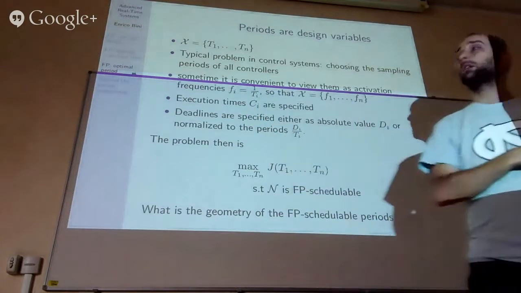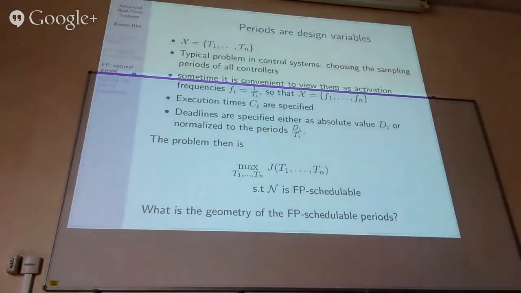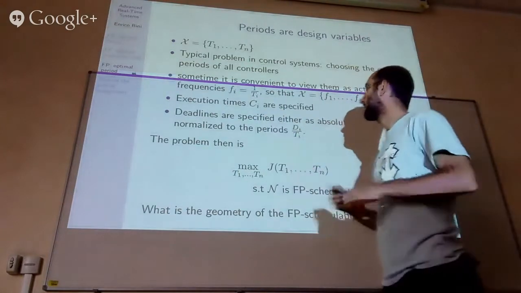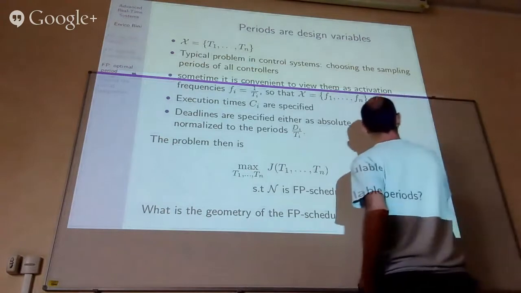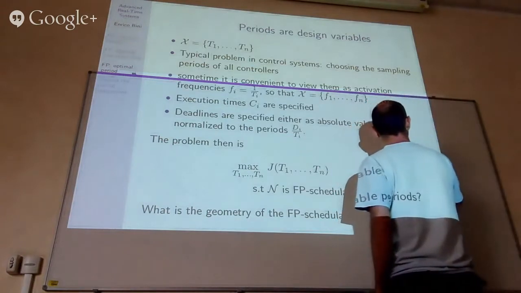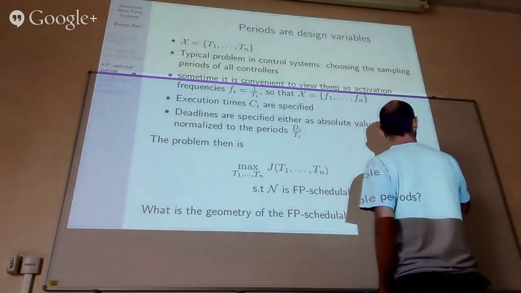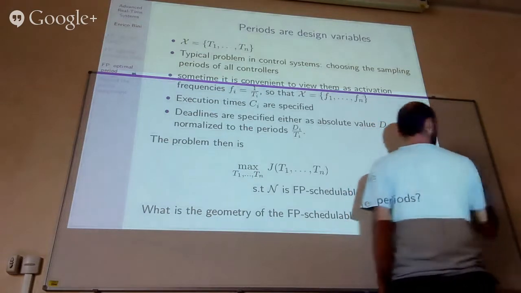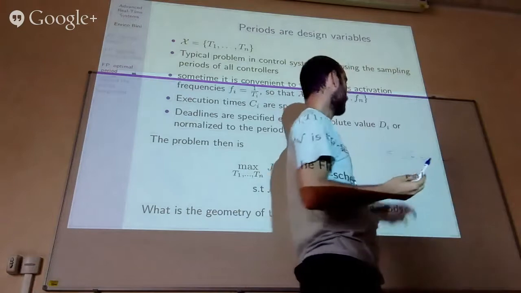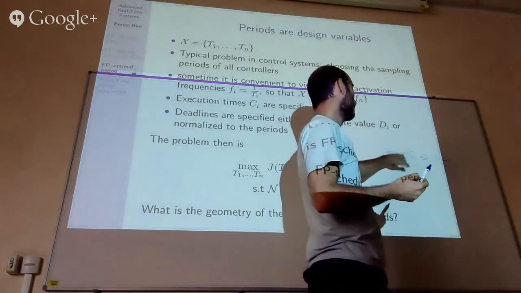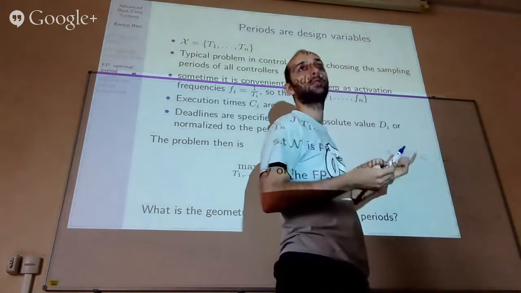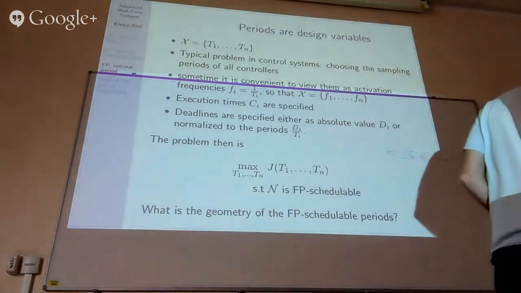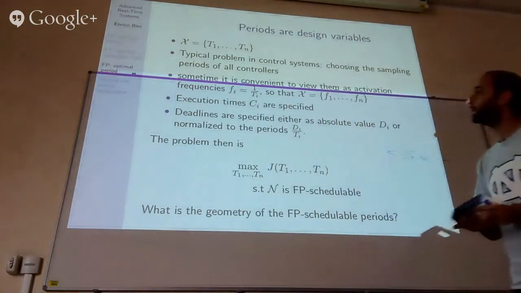This is convenient sometimes, and I can tell you immediately the reason why: if you write, let's say, the utilization upper bound in terms of frequency, then it becomes linear. If you write it with the periods, then it's not linear. But if you write it with the frequency, it's linear, so it's nice. So I can leave it here.